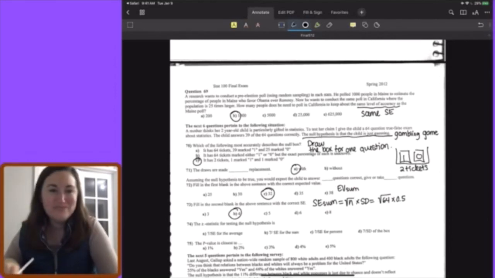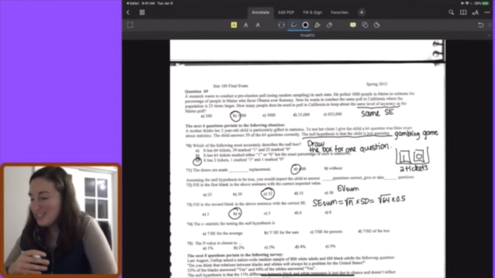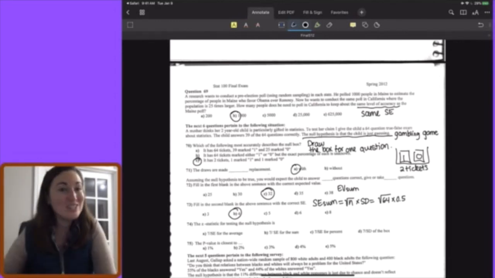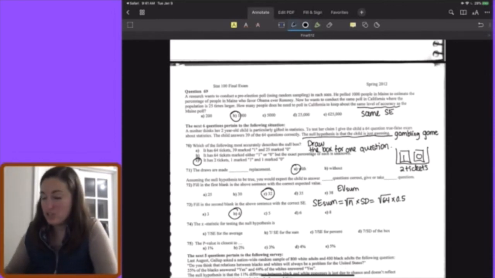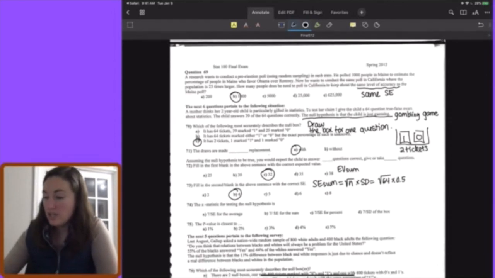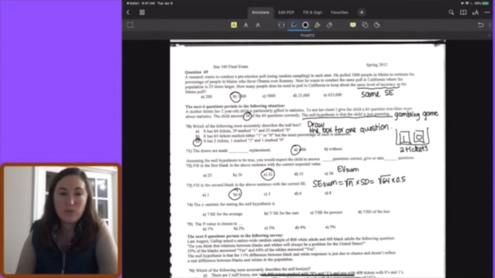All right, so I did all this. Now the question is, is this child likely to be guessing or not? So I need to calculate the test statistic Z. So I basically need to put this 39 in terms of a z-score to see how far away it is from our expected value.